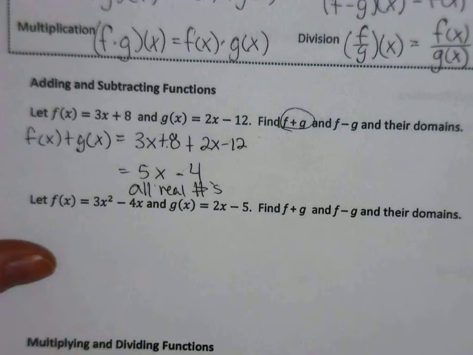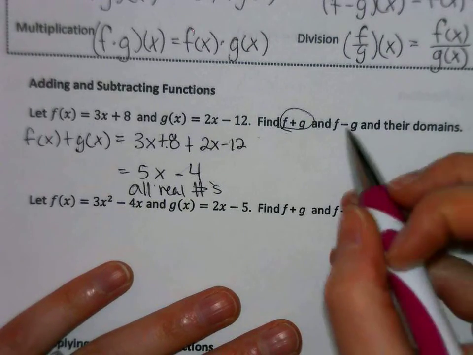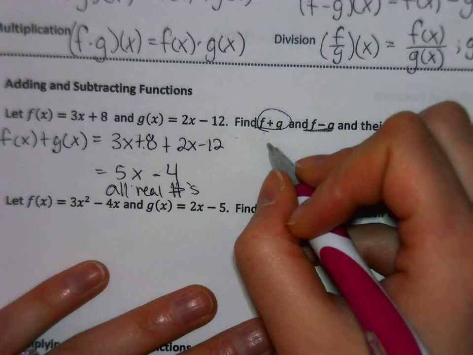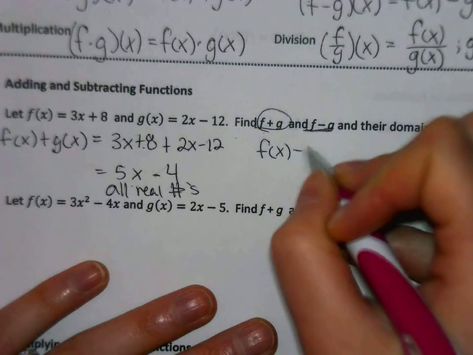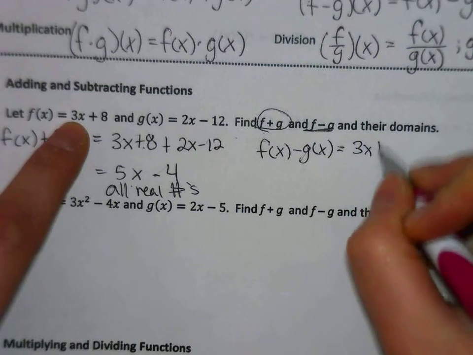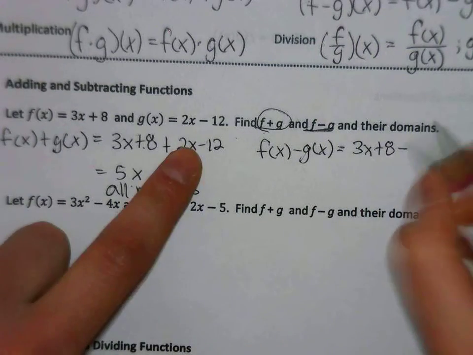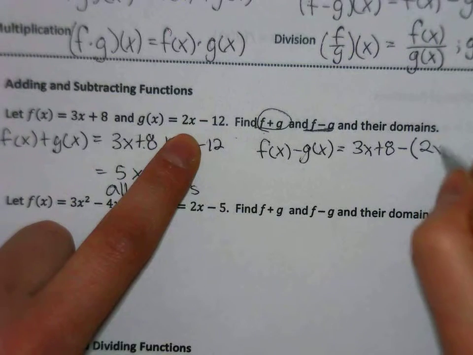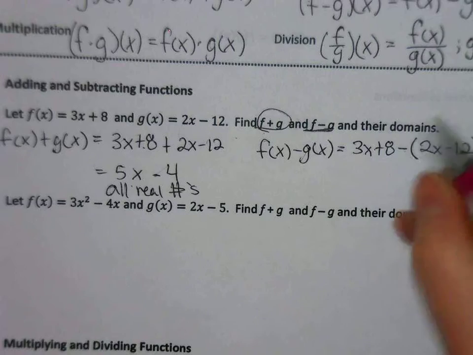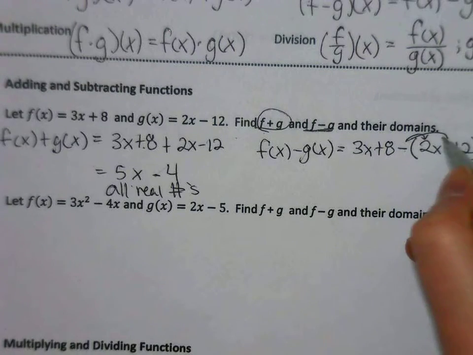There's no limitations. So let's take a look at f minus g. If we take f minus g, that's the same as f of x minus g of x. f of x is 3x plus 8. Now we're subtracting all of 2x minus 12, so that needs to be in parentheses, which tells us we need to distribute that negative 1.